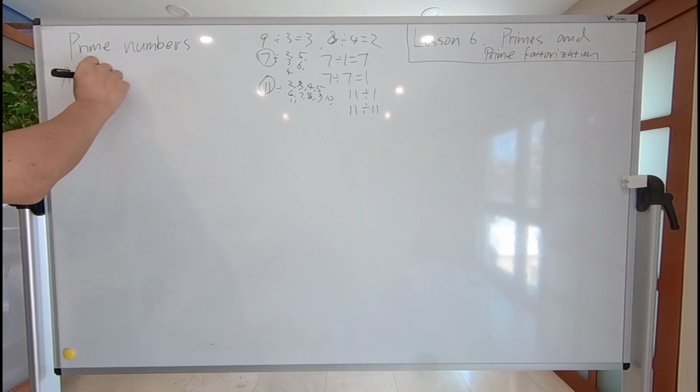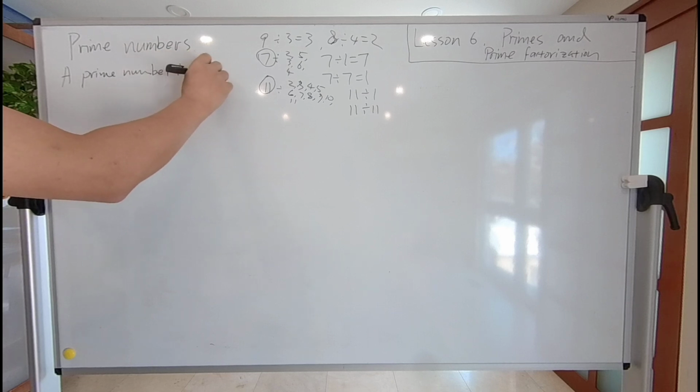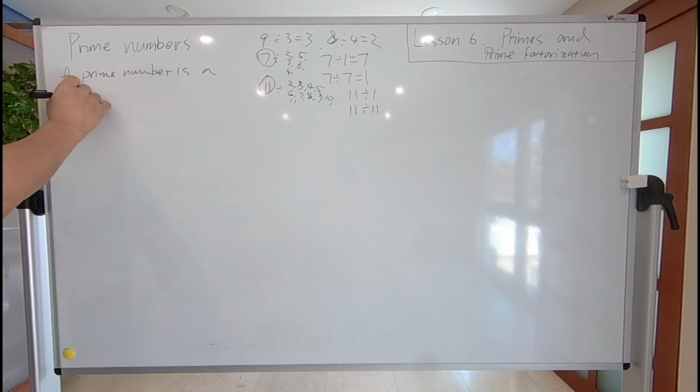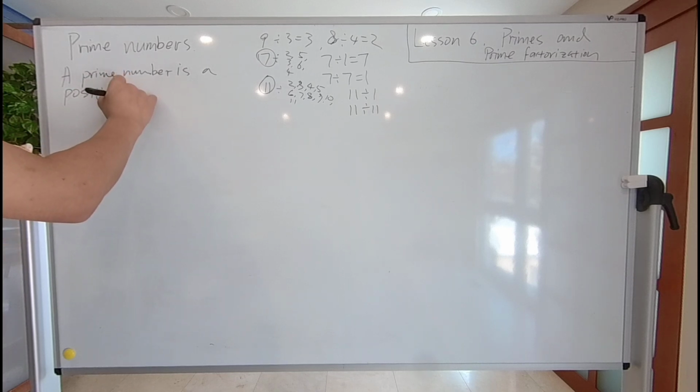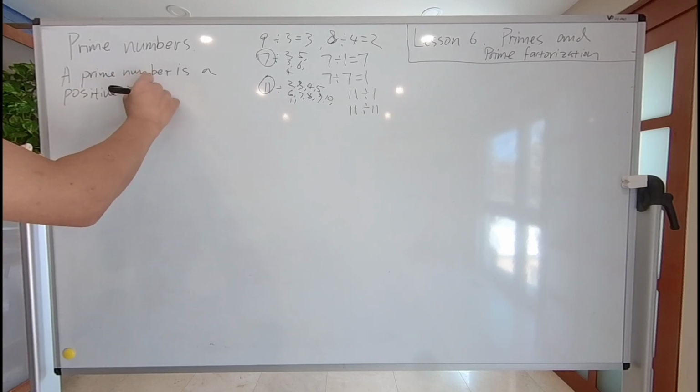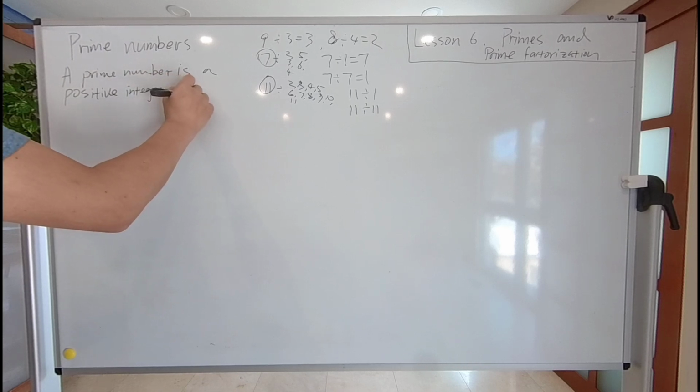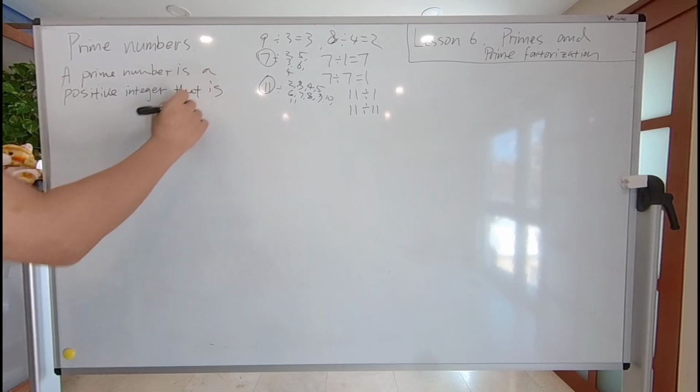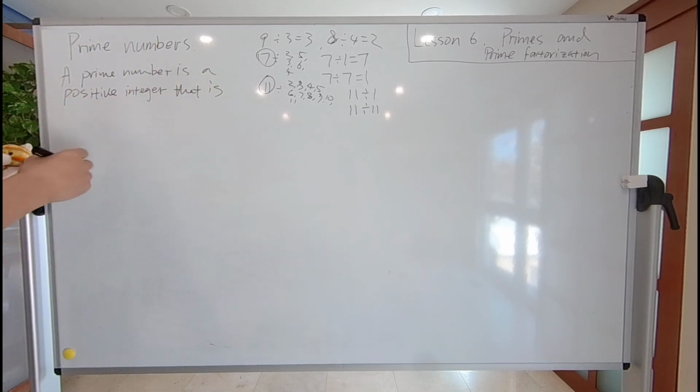The prime number, here we still narrow it down to positive numbers only. So a prime number is a positive integer, because a negative number is really just a mirror of the positive side.